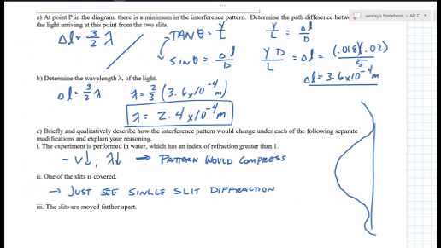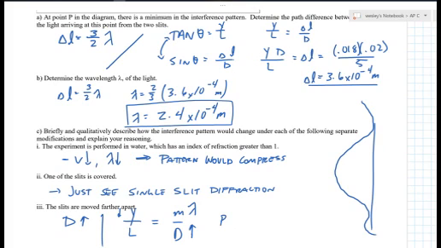If the slits are moved farther apart, that means D increases. If D increases, we have this relationship Y over L equals delta L over D, where that delta L is like M times lambda. So if I make D get bigger, Y gets smaller.